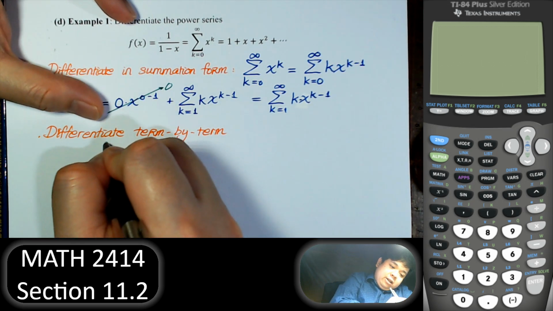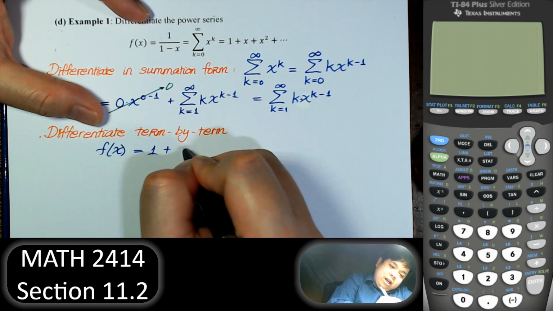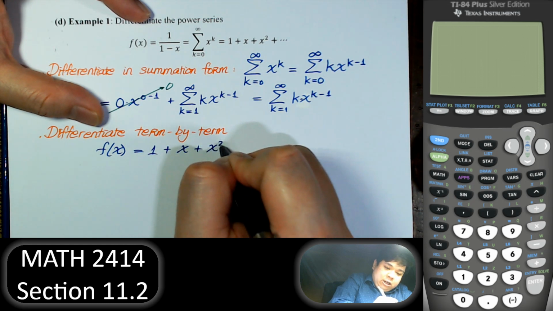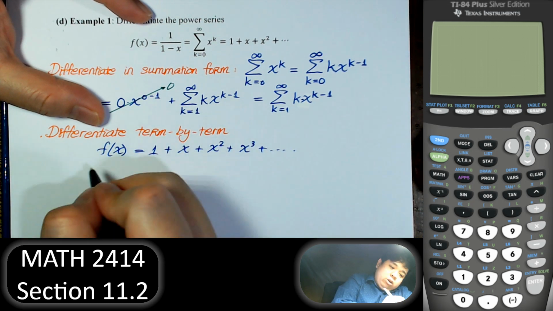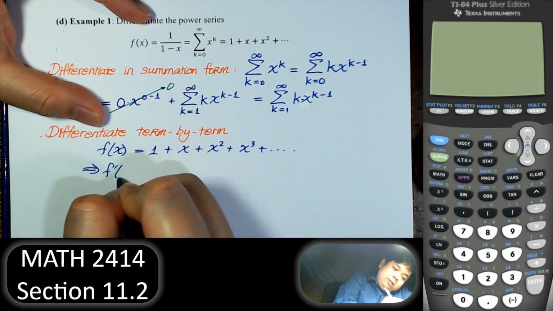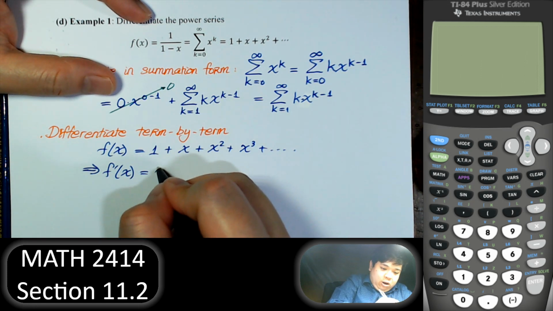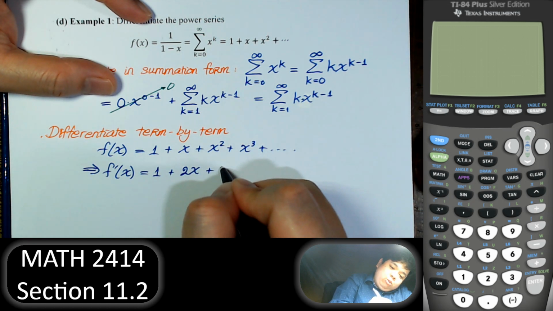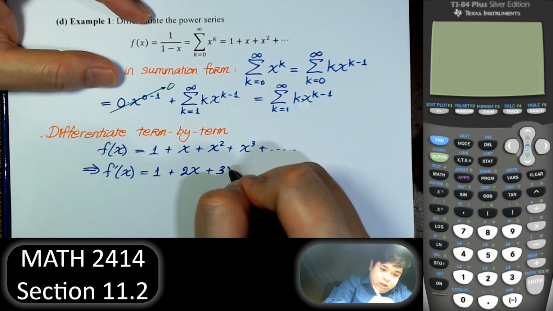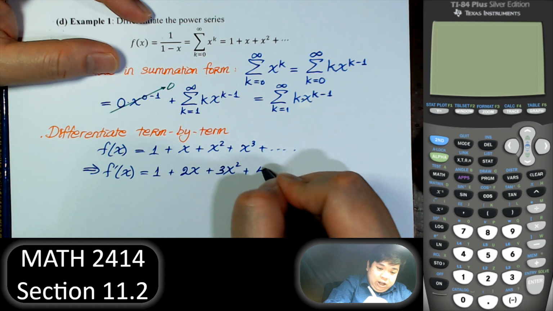So we have the series or the function is 1 plus x plus x squared plus x cubed and so on. When we take derivative of 1 is 0, derivative of x is 1, derivative of x squared is 2x, x cubed is 3x squared, and then the next one will be 4x cubed and so on.